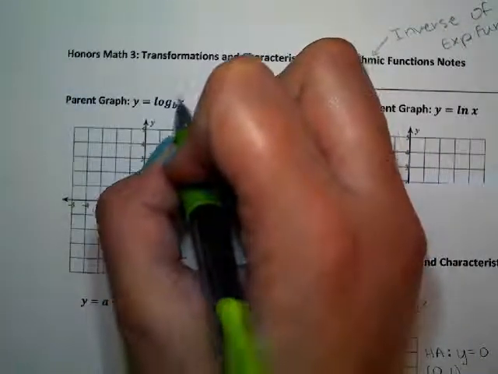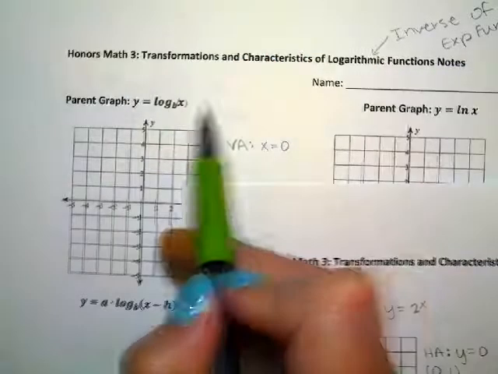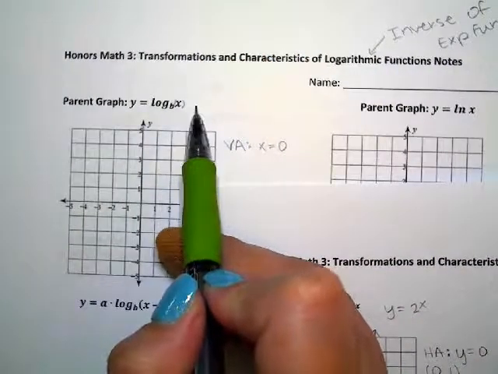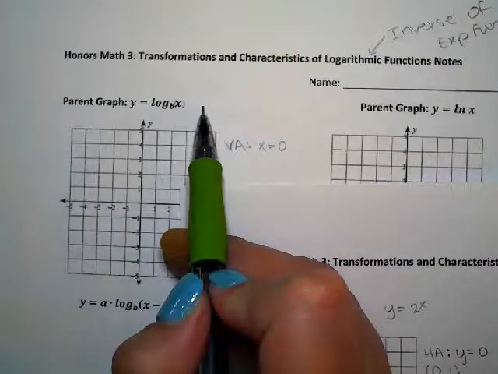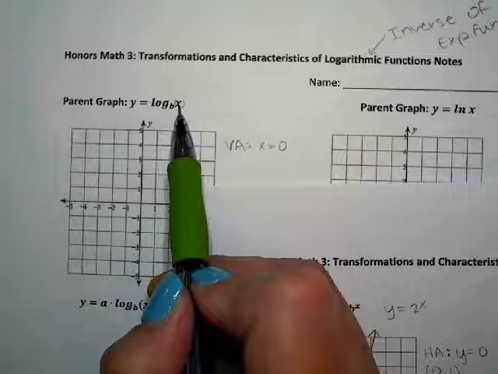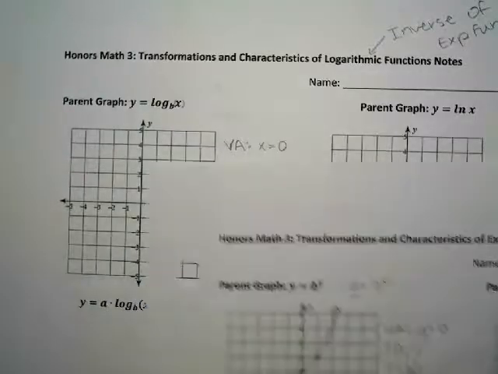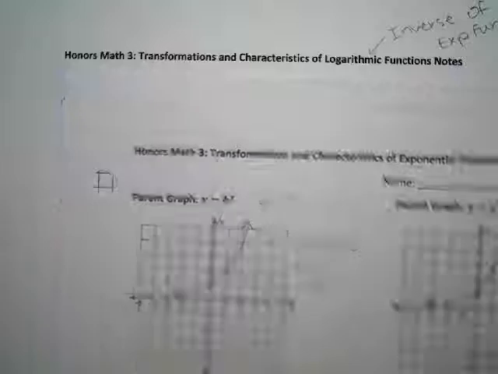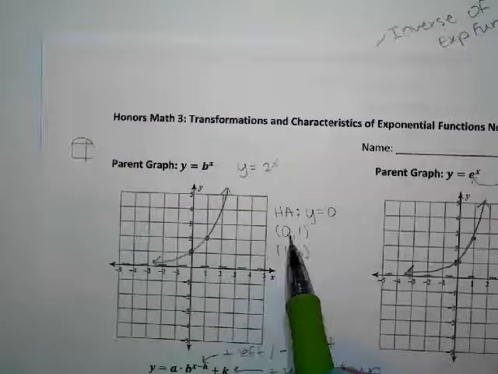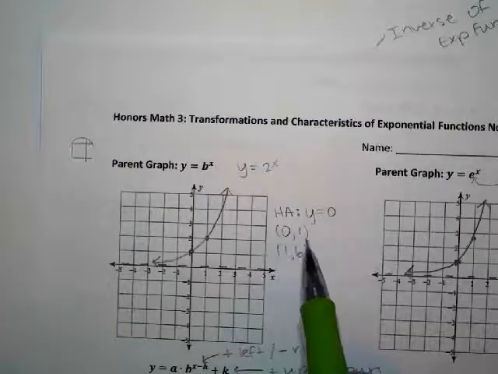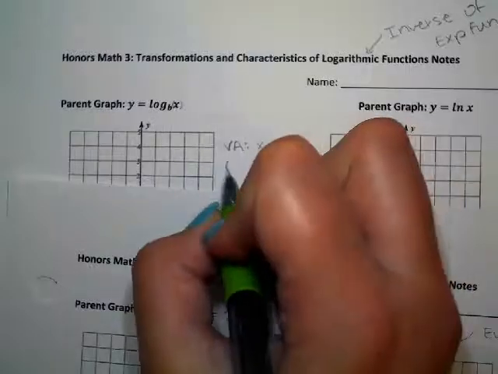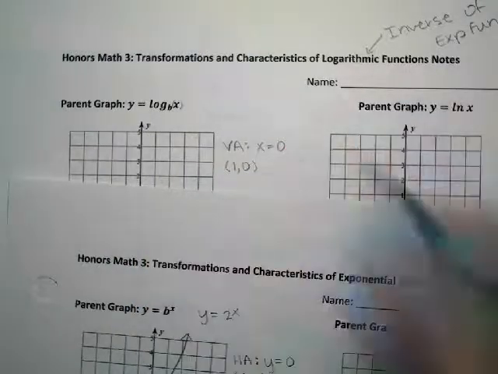So here's where the parentheses would be. So instead of looking for the k value to find the horizontal asymptote, we're going to look for the h value to find the vertical asymptote. And then for our points, instead of having 0, 1, we're going to have the point 1, 0 because the x and the y have traded since it's an inverse.